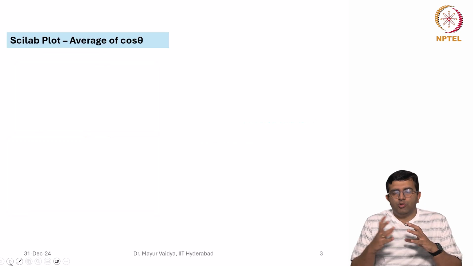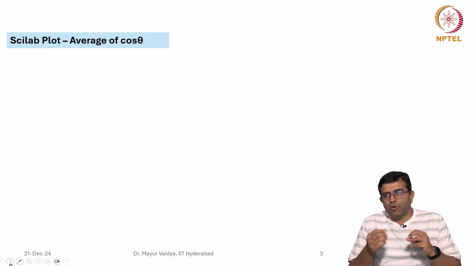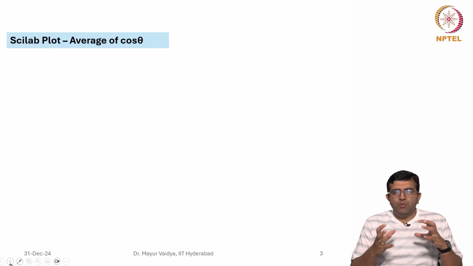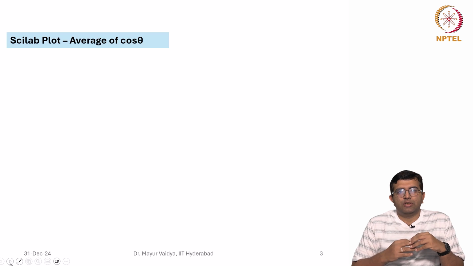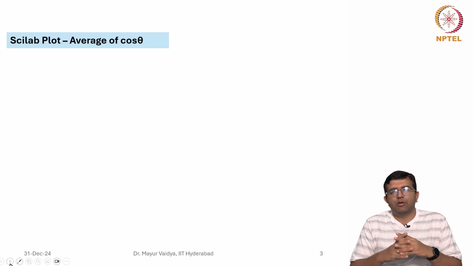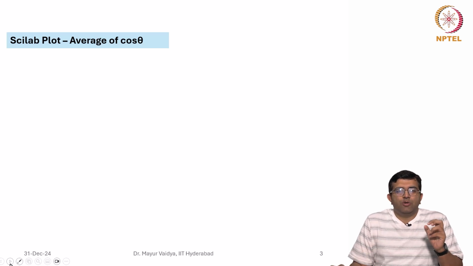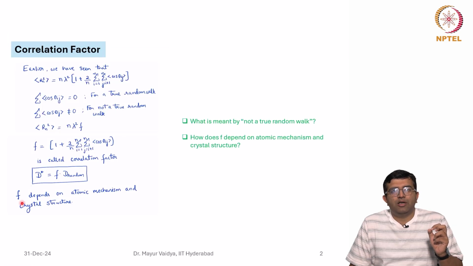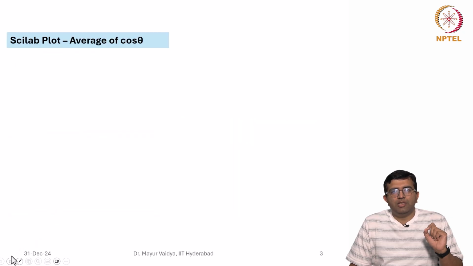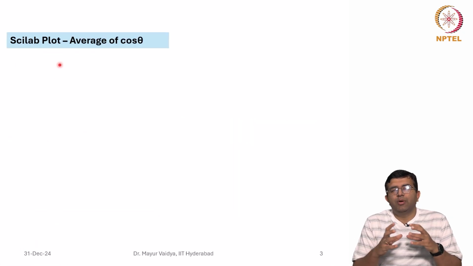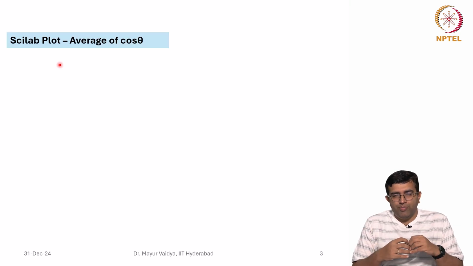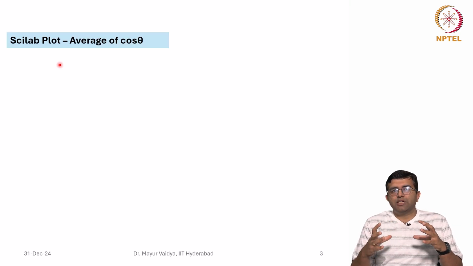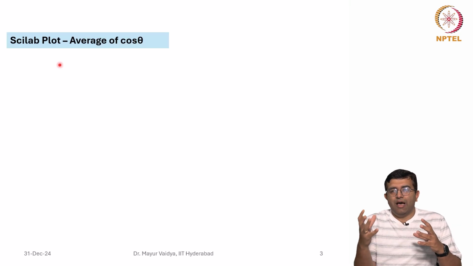Before we go to understand the concept of not a true random walk, since we already introduced ourselves to Scilab, for example, I have written here that average of cos theta ij is equal to 0. You can actually write a code in Scilab and see whether it really goes to 0 or not. Remember that average of cos theta ij goes to 0 when n is large enough.